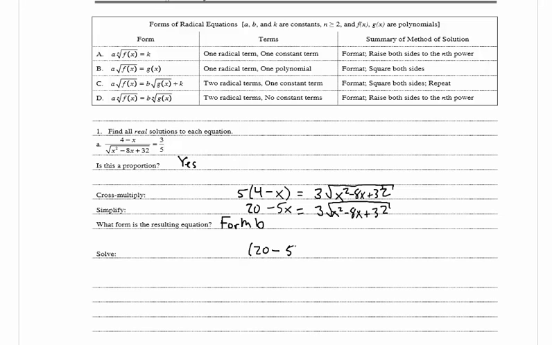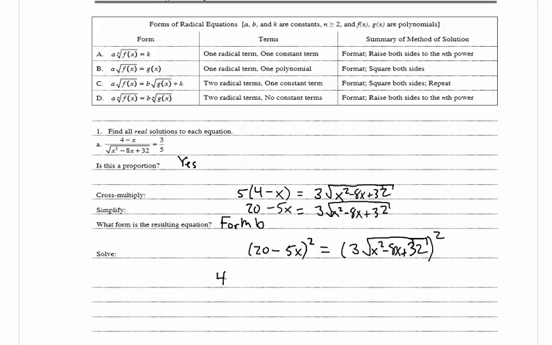(20 minus 5x) squared is equal to 3 times the square root of x squared minus 8x plus 32, all squared. And we have a perfect square trinomial on the left.